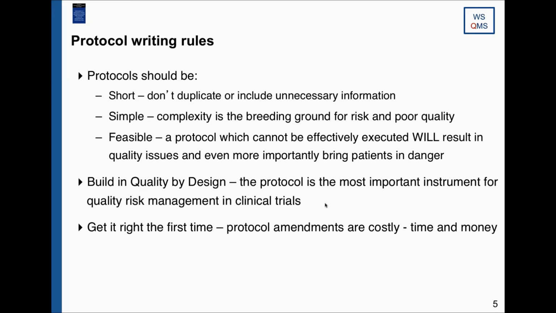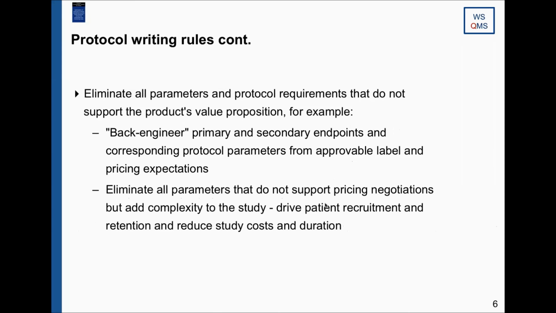There's also a calculation by Ken that on average, phase 1 to phase 4, all of them, one amendment with everything that follows and is caused by it costs between $400,000 and $500,000. So it is quite a lot of money that is involved when you do amendments.